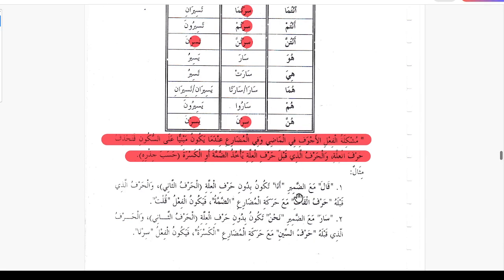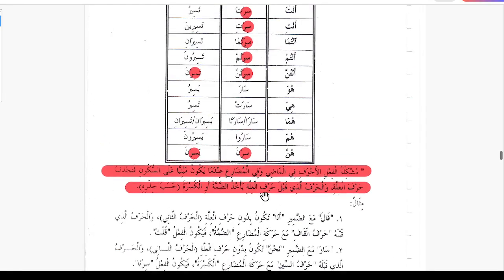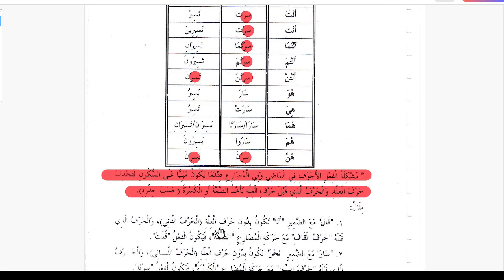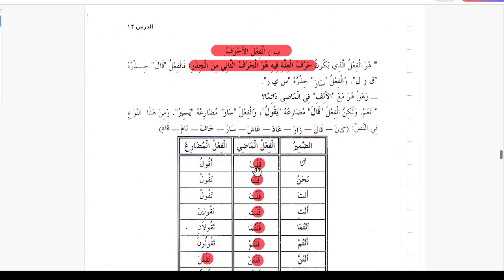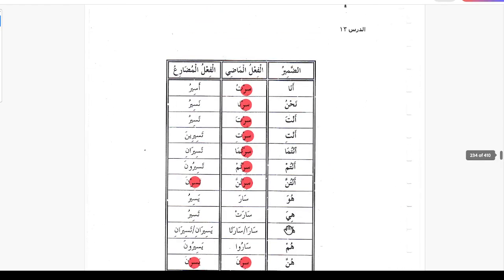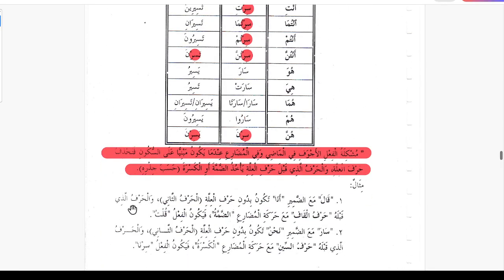So if we take kala with ana, then it is without harful illa, which we know because it is mabni ala sukun. So is the case of kultu. There is no alif here, which is part of kala. Wa harf allazi qabluhu harful kaf ma harakatil madare damma fayakunu fe'lu kultu.